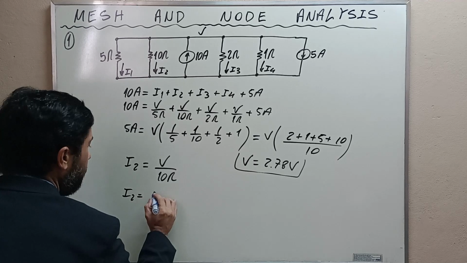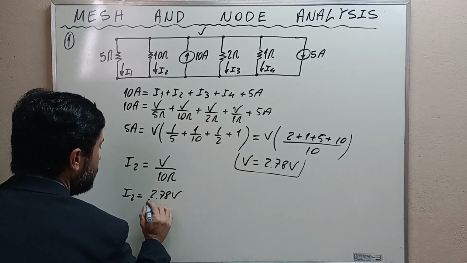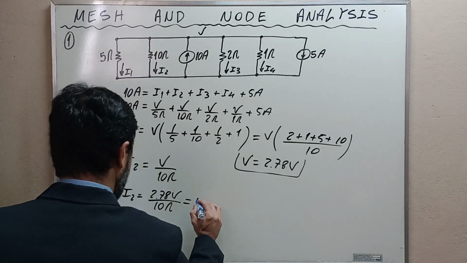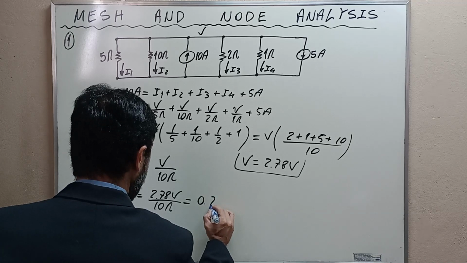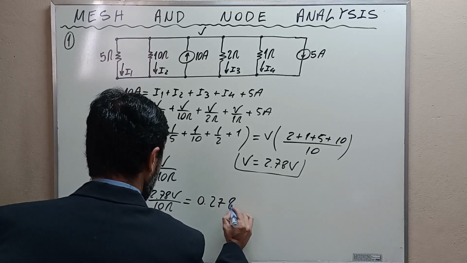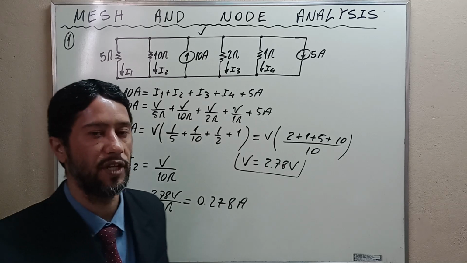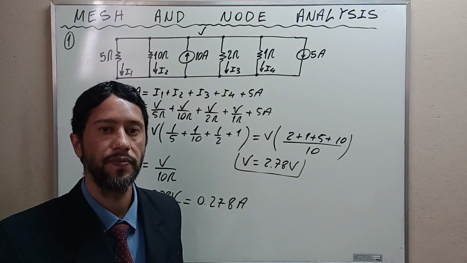I2 is therefore 2.78 volts divided by 10 ohms, and this is equal to 0.278 amps. Okay, my friends? Thus, the voltage across the 10 ohms resistor is 2.78 volts and the current is 0.278 amps. Alright, my friends, this is all for exercise number 1. Let's go to the next.